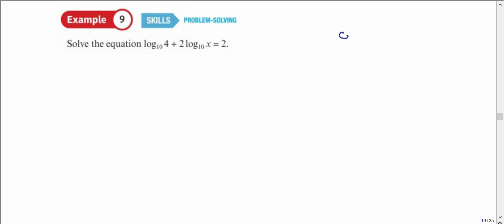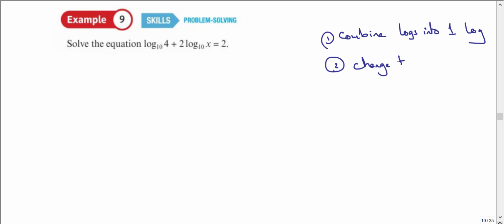The steps: combine logs into one log is step 1. Step 2, change to index form. Step 3, solve.